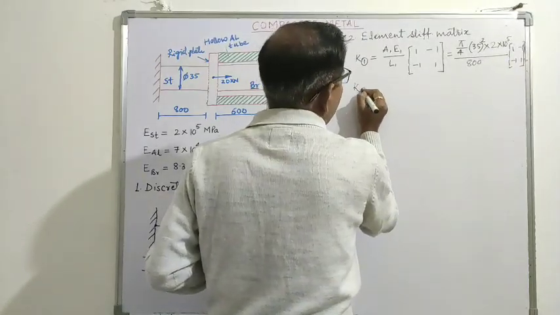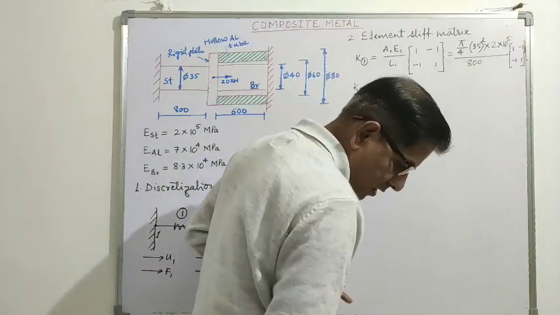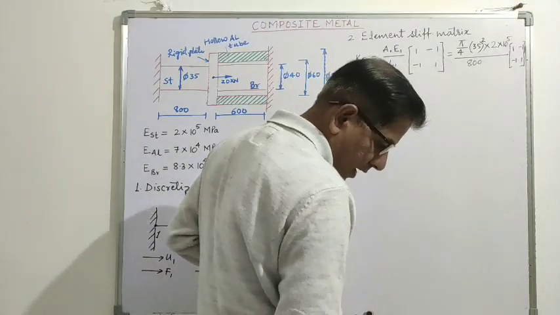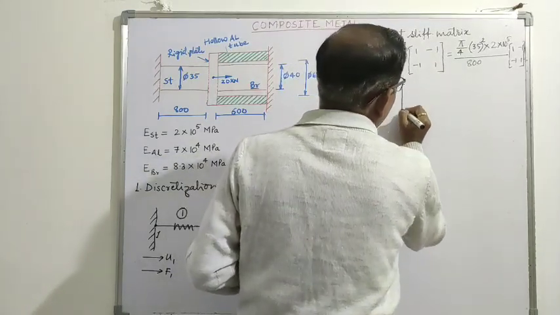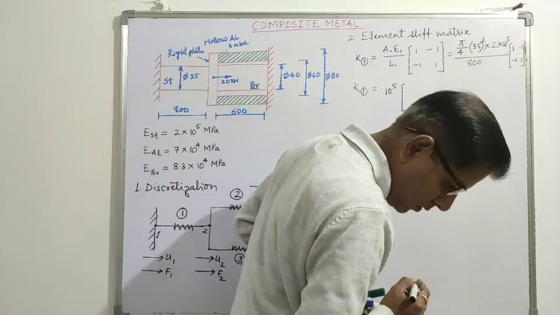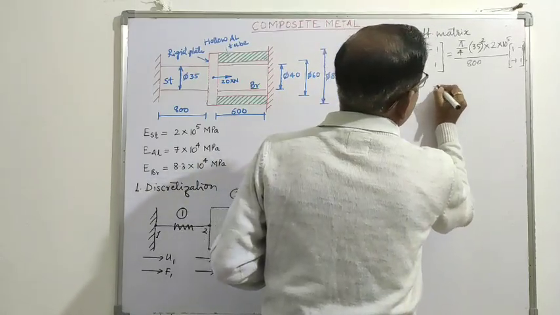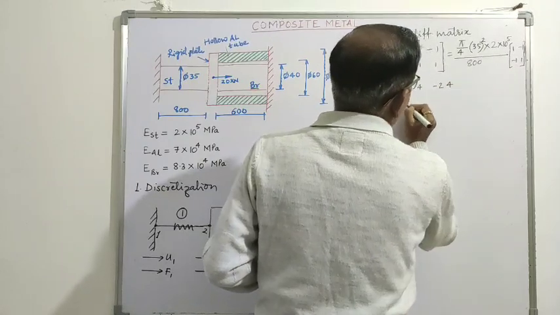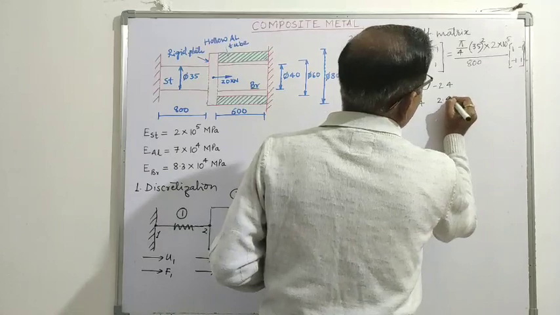So the answer for the first member is 10 to the power 5 outside the bracket, and inside it is 2.4, minus 2.4, minus 2.4, 2.4.